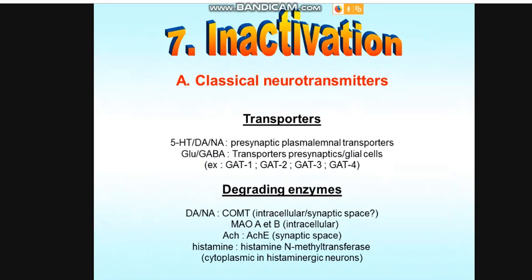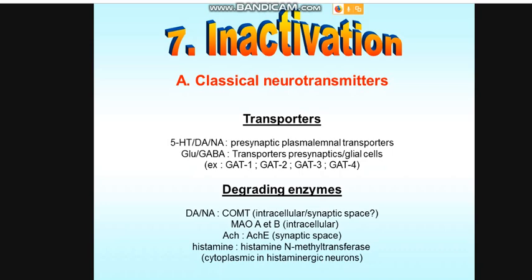You have transporters that are specific for serotonin, dopamine, noradrenaline. These are presynaptic plasmalemmal transporters, so they are expressed by the presynaptic element and specific for one of these amines.